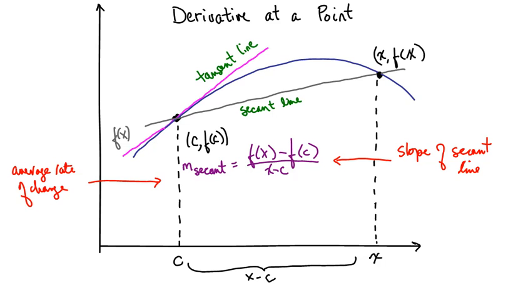Well, in order to find the slope of the tangent line, again we have the same problem that we only have 1 point instead of 2 points. We're going to need to move that second point further and further to the left. So what we're going to do then is have x, the variable quantity for x, getting closer and closer to c. And so you can see the x value moving along the line, or the point moving along the line, as the x value gets closer and closer to the original value c.